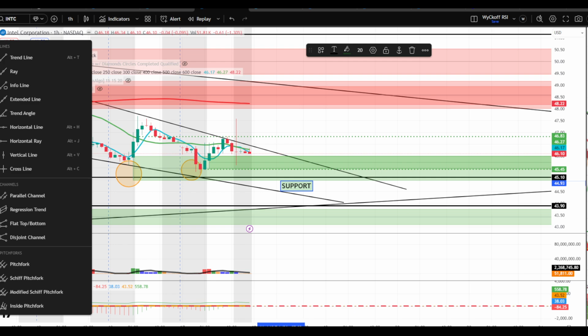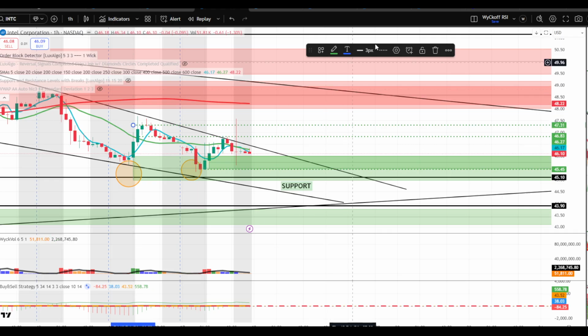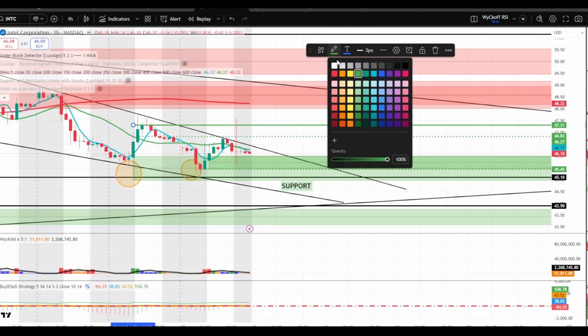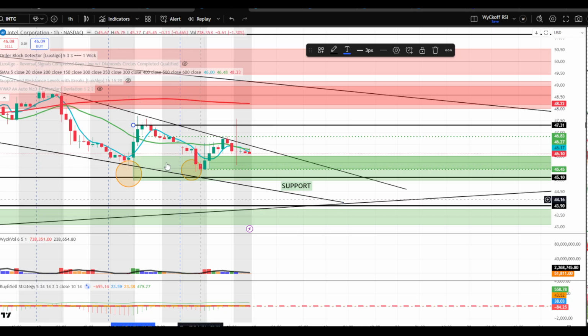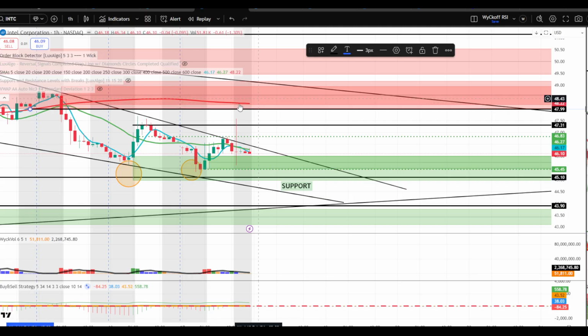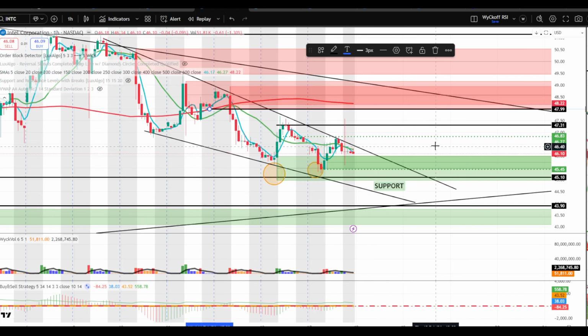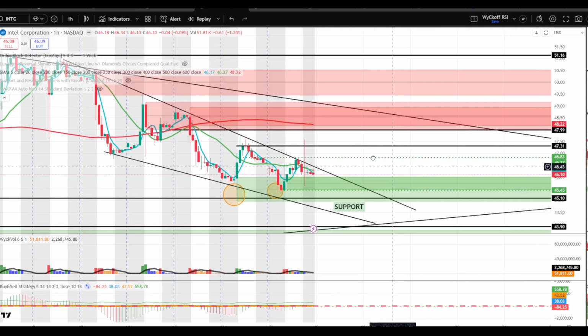So that's on the shorter time frame if you want to look at it in that way. 47.30, then to about $48, and if it breaks above the 200 and tests this upper downward trend on the bigger time frame.